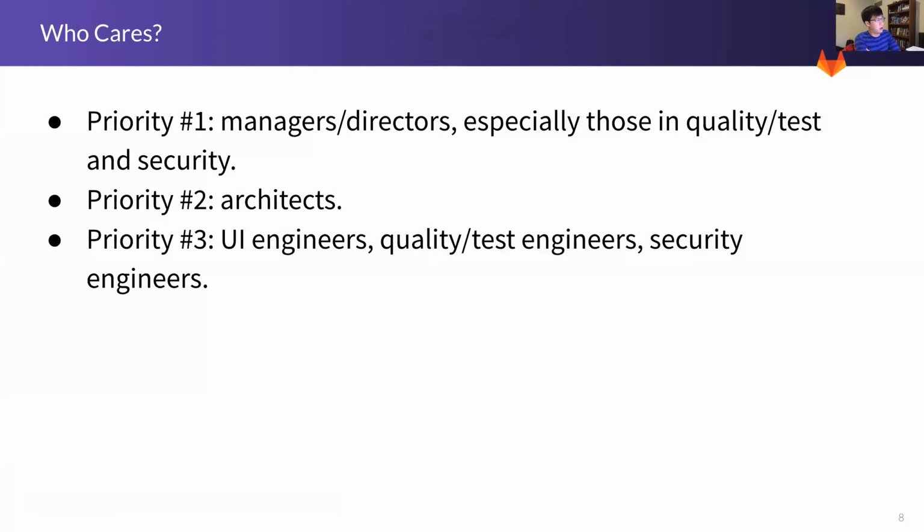Priority number 2 is the architects. These are people that pick the tooling that companies use. And priority number 3 is the various engineers that actually work on this part of the code itself. So the people that test the code, the security engineers, and the people who actually build out the forms. The reason is because they have a vested interest in making sure that things work. That basically means that they don't have to fix things on Saturday in the morning.